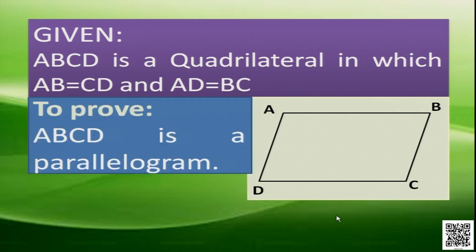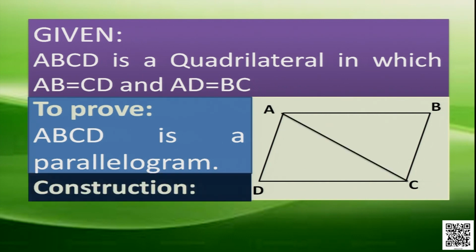We have to prove that ABCD is a parallelogram. Now, as in the previous case, we need a construction. Why? To prove it to be parallel, we need a transversal of AB, CD and BC, AD.